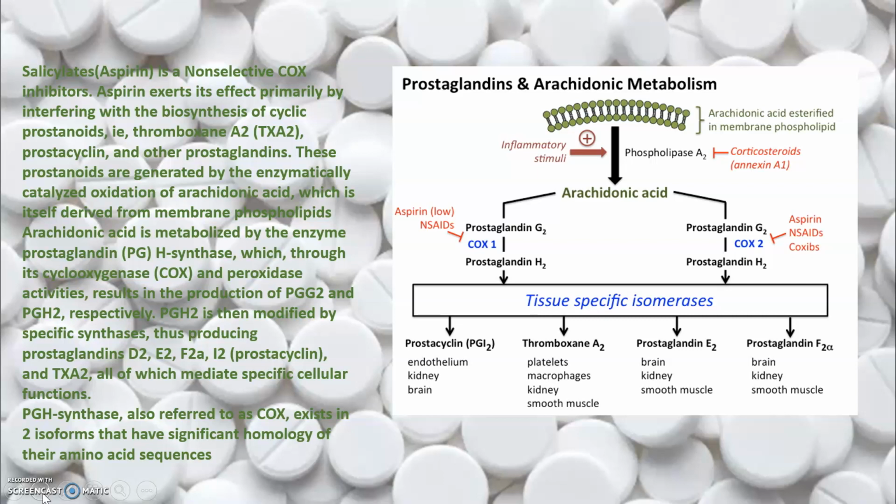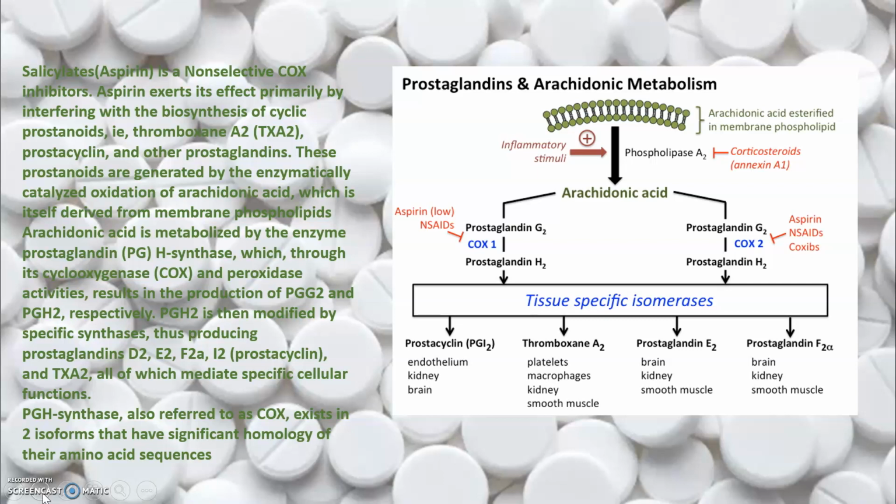Aspirin exerts its effect primarily by interfering with the biosynthesis of prostanoids, thromboxane A2, which is TXA2 that you can see, and then prostacyclin and other prostaglandins. These prostanoids are generated by the enzymatically catalyzed oxidation of arachidonic acid, which is itself derived from the membrane phospholipids.